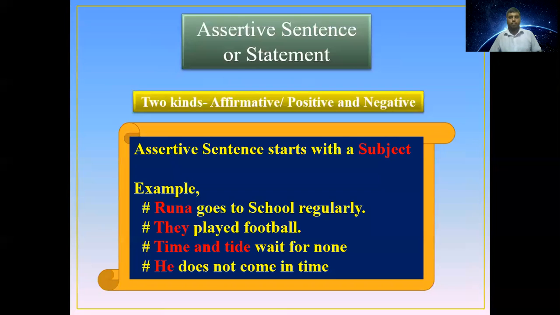My dear student, let us go. You know assertive sentence or statement. There are two kinds of assertive sentence: one is affirmative or positive, and the other is negative. An assertive sentence starts with a subject. Examples: Runa goes to school regularly. They played football.